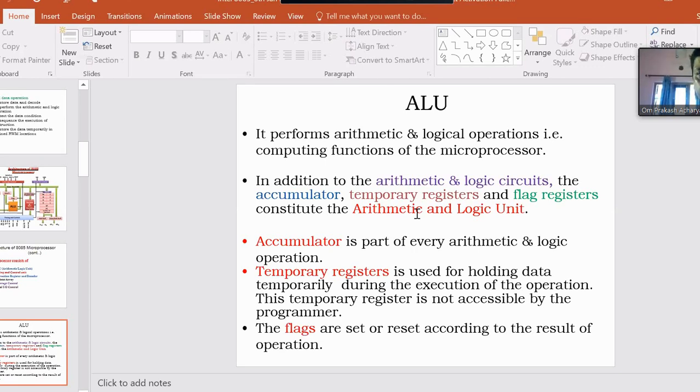One of the operands must be stored in the accumulator, and after the operation, the result will definitely be stored in the accumulator. That is the most important thing you have to take care of. So the accumulator is most important.